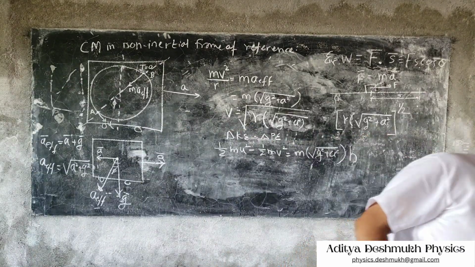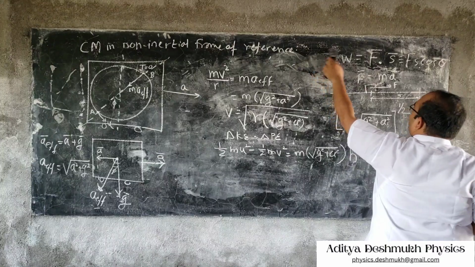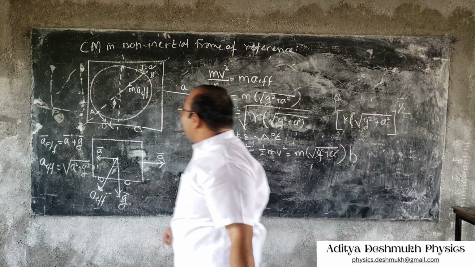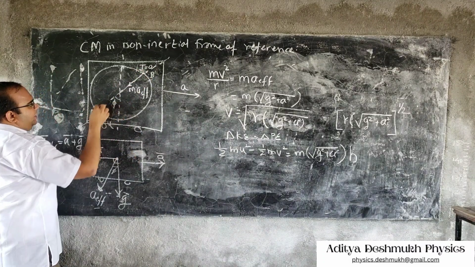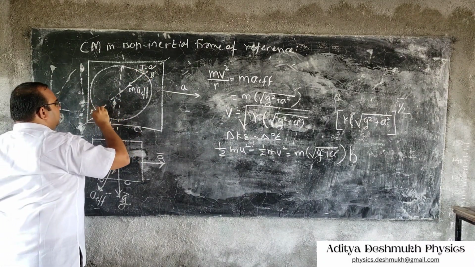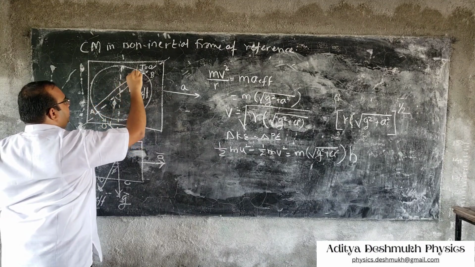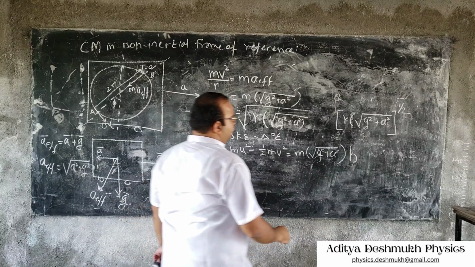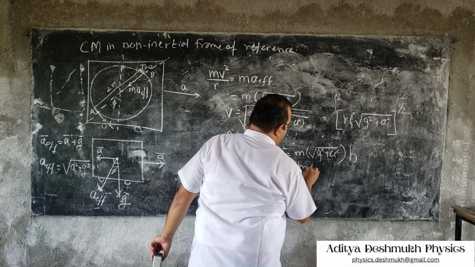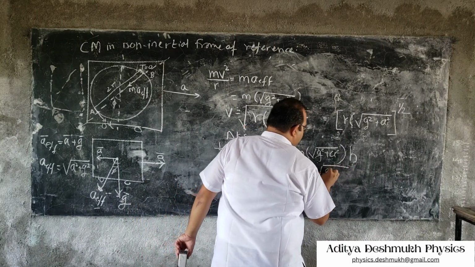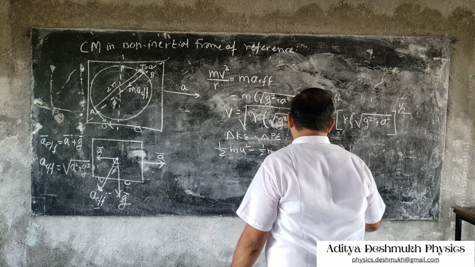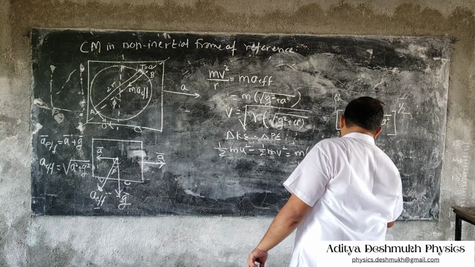That's why I will have to calculate my h along this axis. That means my h will be from point A to point B, that means 2r. So this will be root of g square plus a square, into 2r.